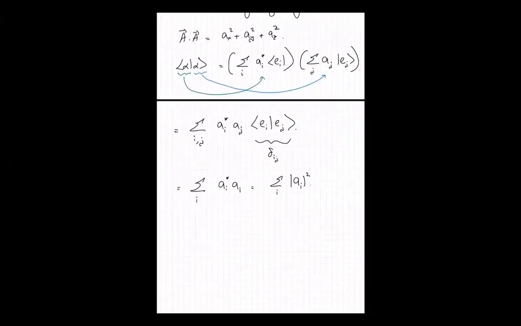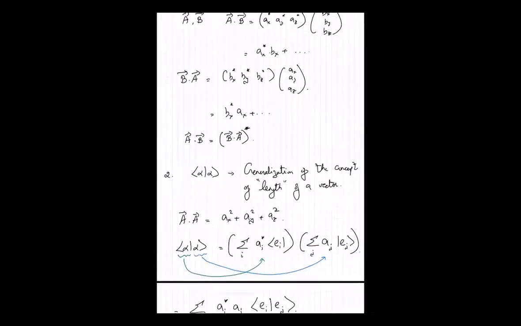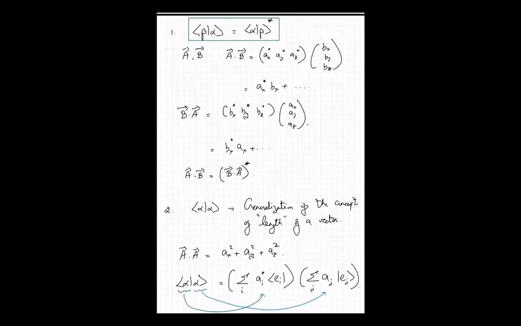So alpha dot alpha, the inner product of a vector with itself, is always a real number, because it is not a complex number. In general, the dot product of two vectors, the way we have defined it, can also be complex because it is bx star ax and things like that. So it can be complex.